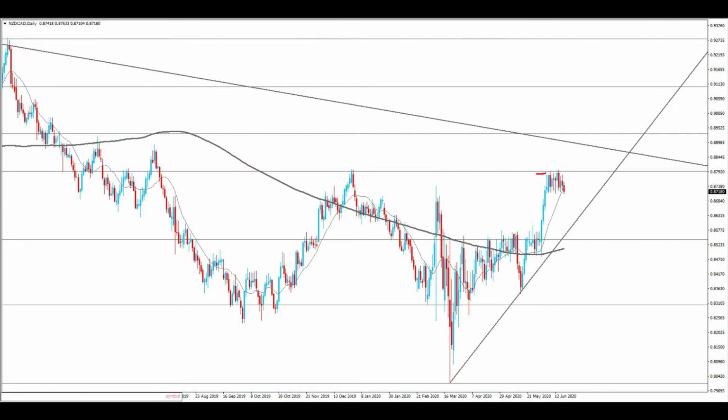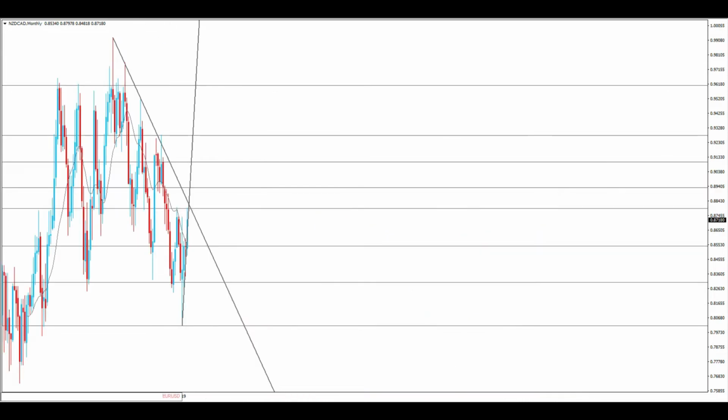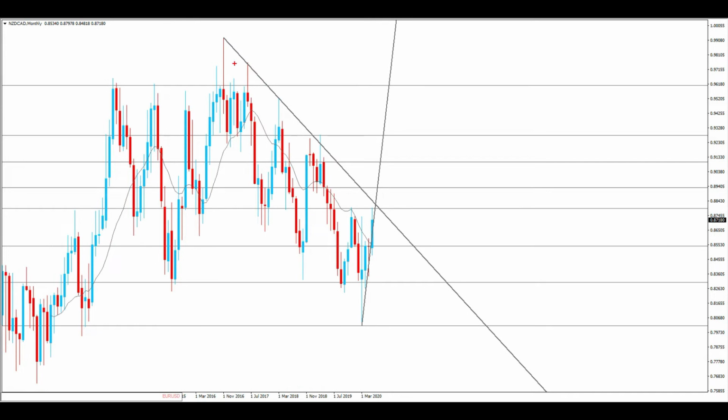You can see that price is consolidating around here, and price can break up to the upside, and we're looking for price to test this weekly trend line, or price can break down and form a longer move to the downside. If I go on the monthly, you can see that we have this trend line here, where price is forming lower highs and respecting it.